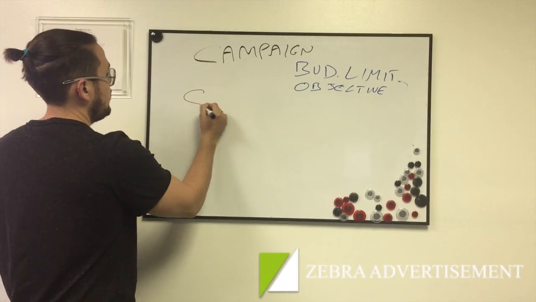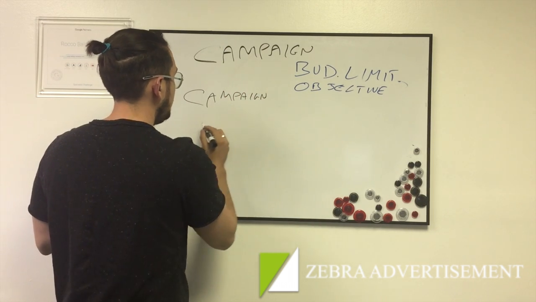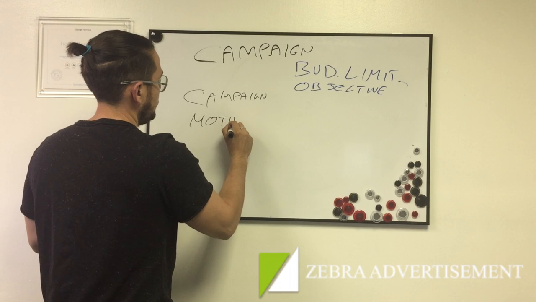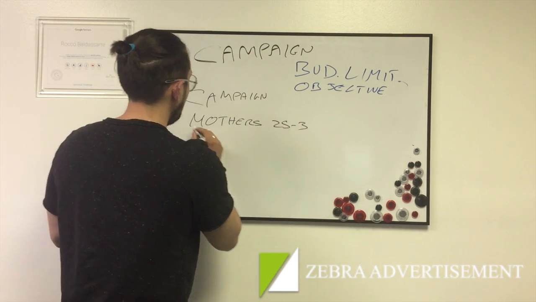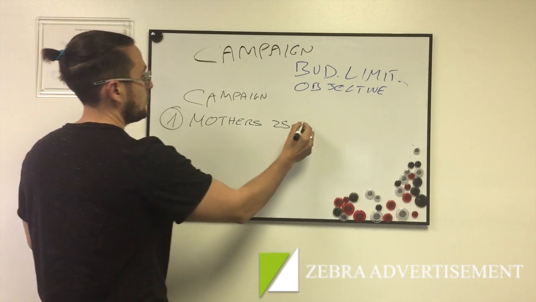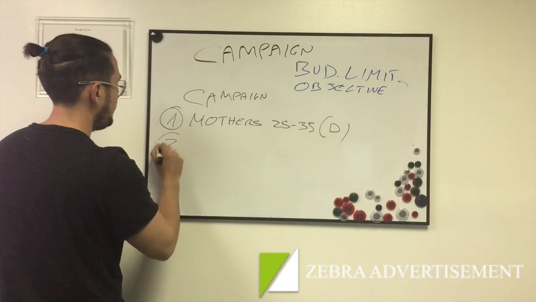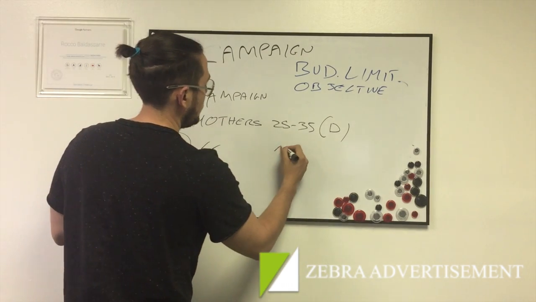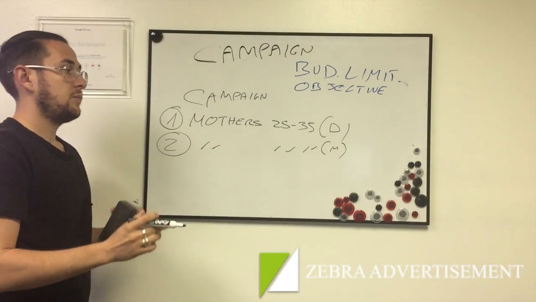So if your campaign is going to target mothers between 25 and 35, you're going to have one ad set targeting mothers 25 to 35 on desktop and another ad set targeting mothers 25 to 35 on mobile, and therefore you're going to split your performance.